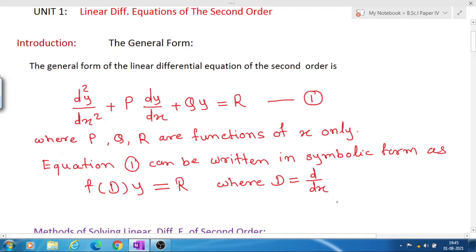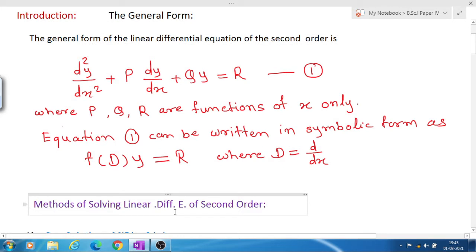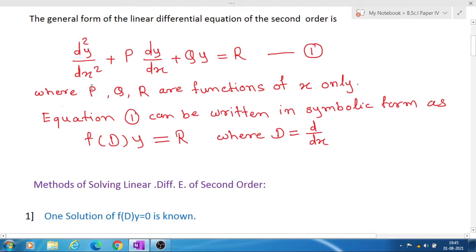This equation in symbolic form can be written as f(D)y is equal to r. So when we use operator D for d by dx, you know that this differential equation becomes f(D)y is equal to r.